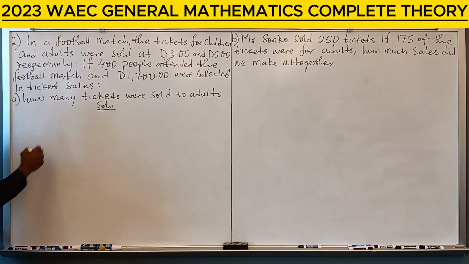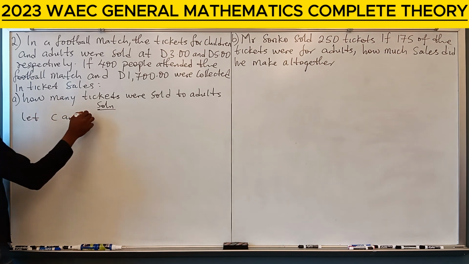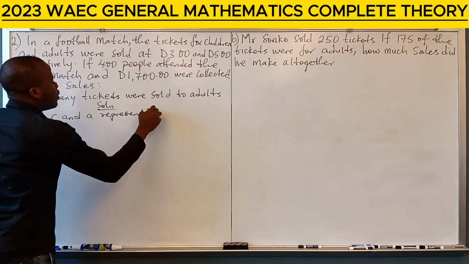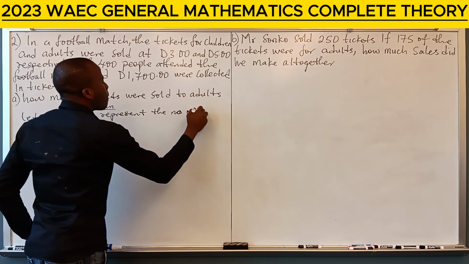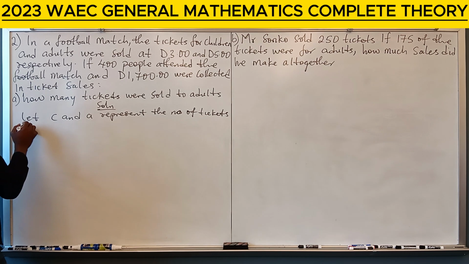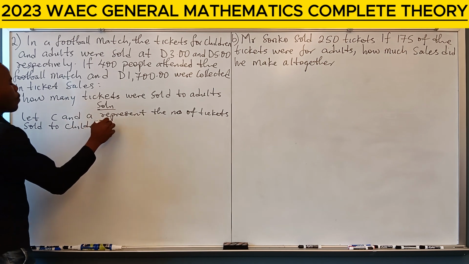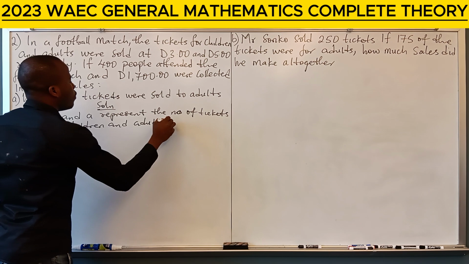Let's start by saying, let C and A represent the number of tickets sold to children and adults respectively.